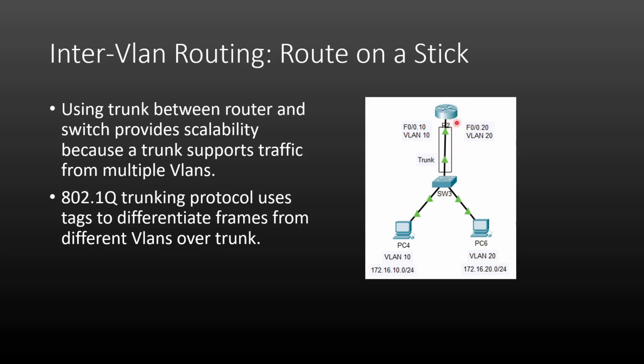This time, the frame tag is VLAN 20 because that's the destination the frame is heading to. Then the switch receives this tagged frame. Based on the VLAN tag 20, it will place the original Ethernet frame over the correct VLAN towards PC6.